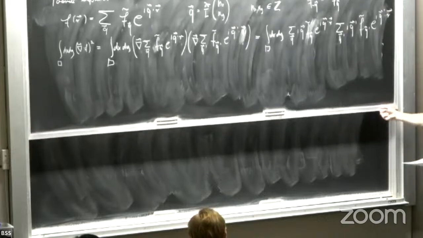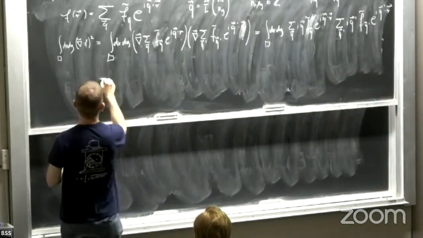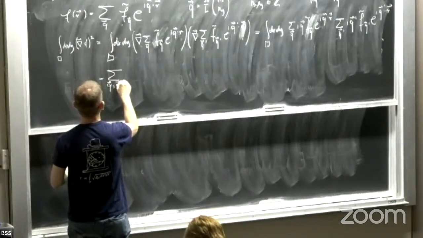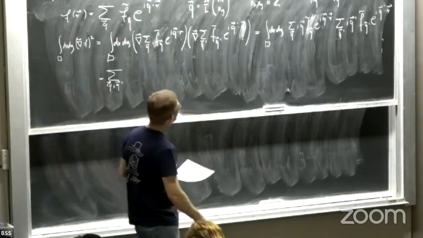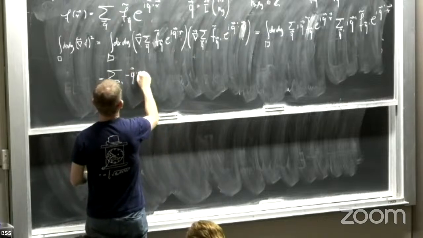I'm now going to swap all the sums and the integrals, and I write this as a sum over both q and q prime. What else can I move out? I can move these q's out. I times I is minus 1, so I get minus q·q prime.